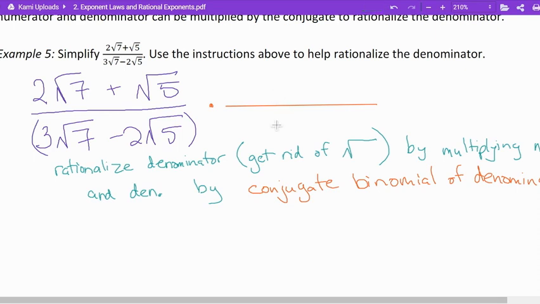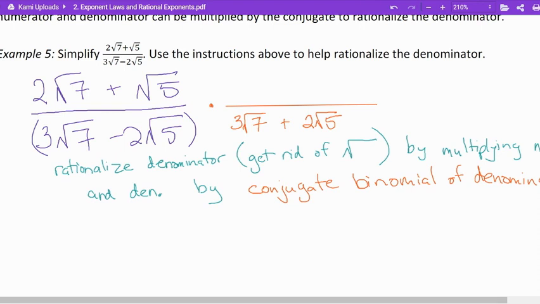Who wants to give it a shot? You want to try it, Mustafa? Okay. 3 square root 7 plus 2 square root 5. Yeah, 3 root 7 and 2 root 5. Astrid, do you agree? Okay.